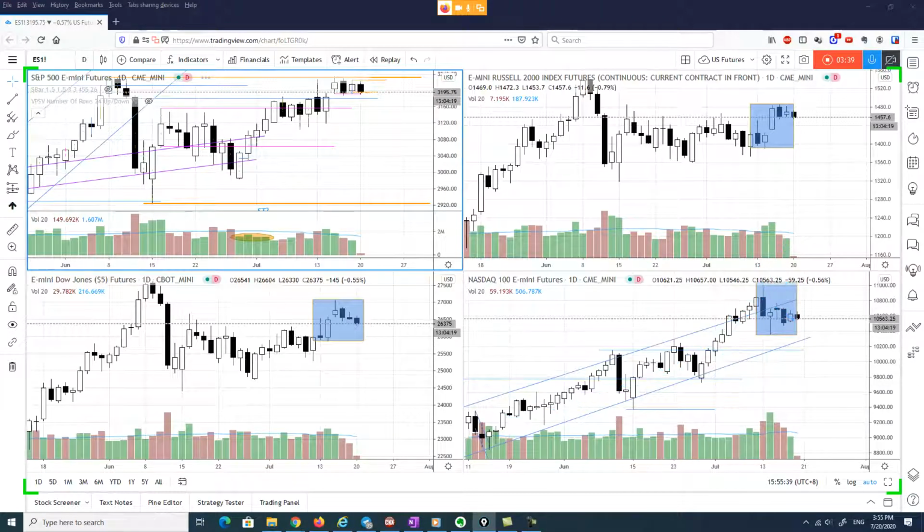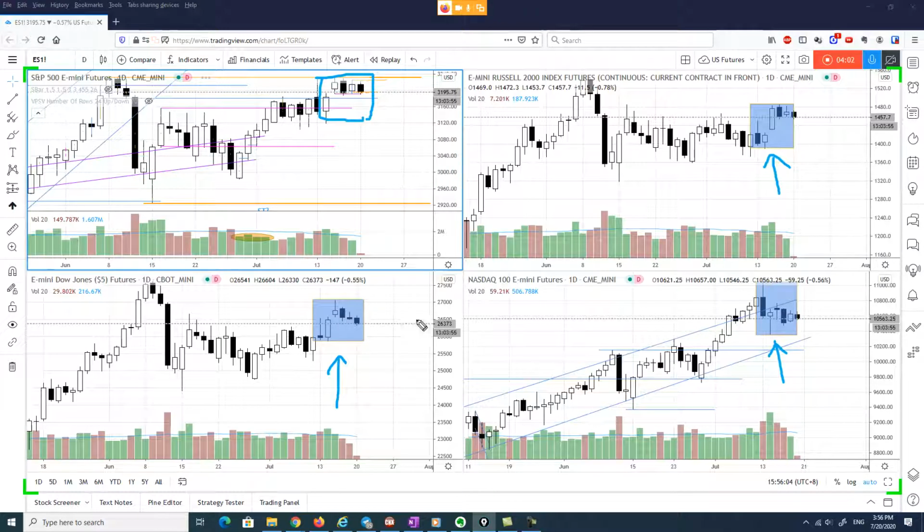If we take a closer look at just the past week, the 5 trading sessions, you can see that I have boxed up in blue here, and also this is Russell 2000, and this is the Dow Jones, and the S&P is here as well. So this is the past 5 trading days.